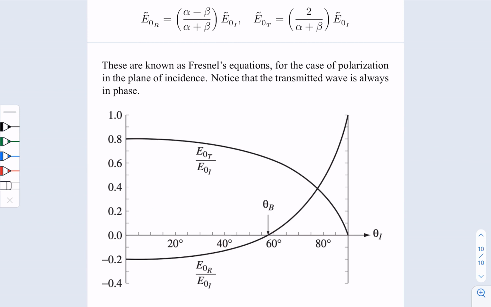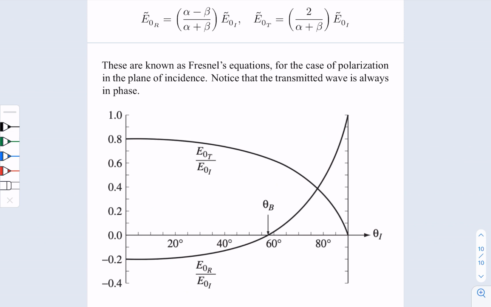Which means that even though initially the polarization of the light can be in an arbitrary direction, once we hit the light at this magic angle, the Brewster's angle, then the in-plane polarization can transmit through the media, but the reflected light is guaranteed to not have the in-plane polarization.